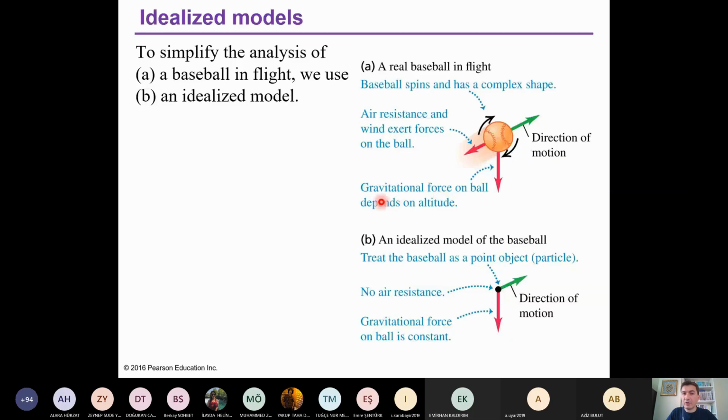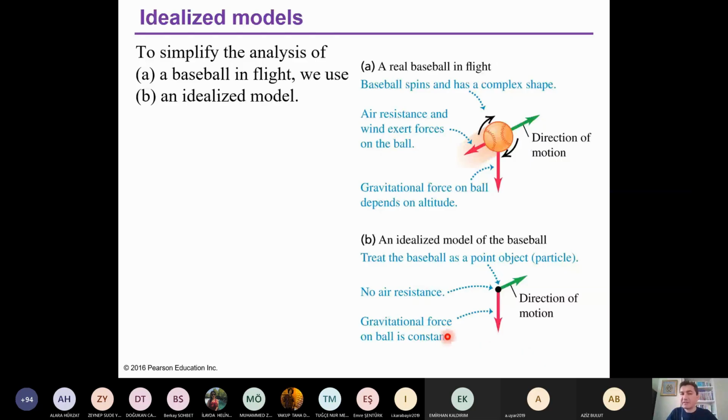Here, there is a mass of this part of the baseball. There is a mass of this part of the baseball. So the distance from the ground to that part and the distance from the ground to that other part are different, okay? But if you have a single object, a point object or particle, then the distance from the particle to the ground is constant. So the gravitational force is constant.